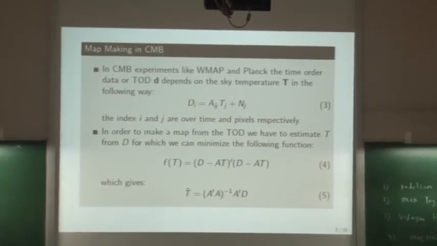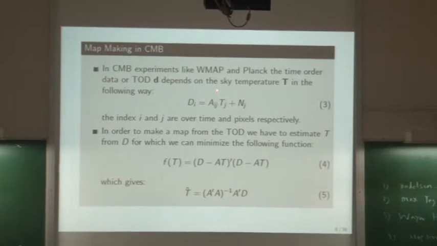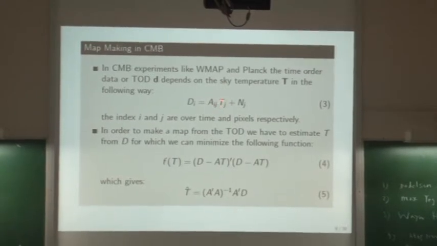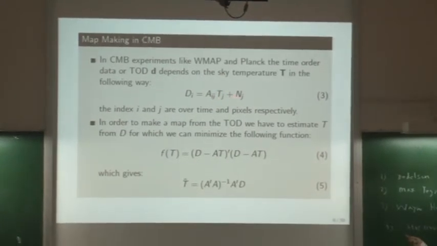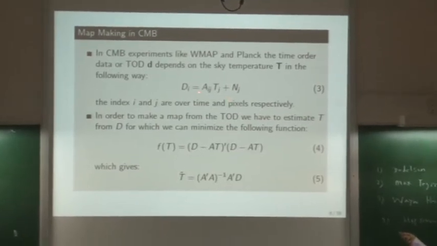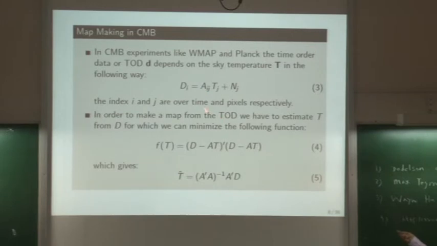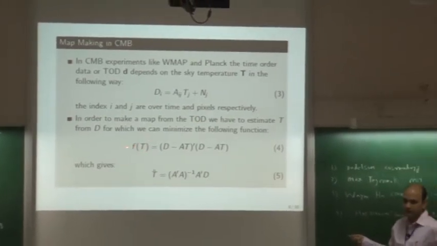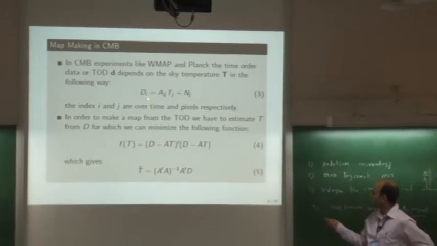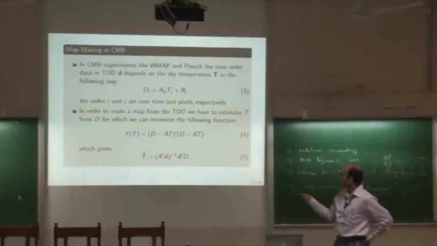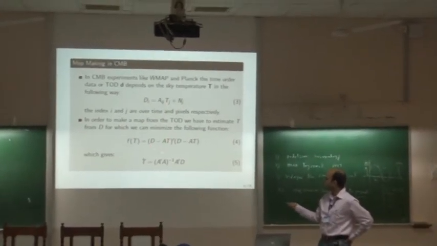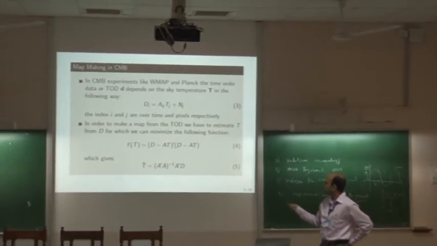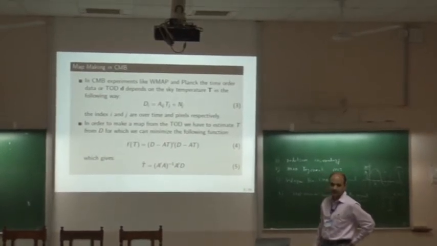This is the data, this is a transformation matrix, these are the theoretical parameters, and this is noise. So we can create a misfit function, like here I create this f. It is the data minus this thing, which is essentially noise, after transformation by this matrix.